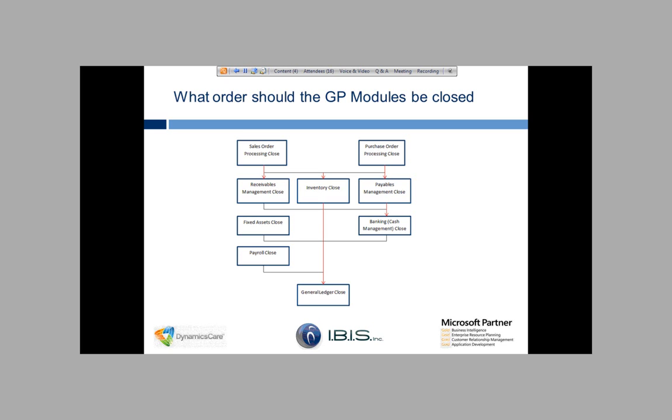Next you would want to do the inventory close, and then the receivables management close, the payables management close, and you can go from payables management to the banking, which is the cash management, and close that out, and then the fixed assets close, the payroll close, and then finally the general ledger close. At the end, I do have some slides to show this in a more linear order, so stay tuned for that.